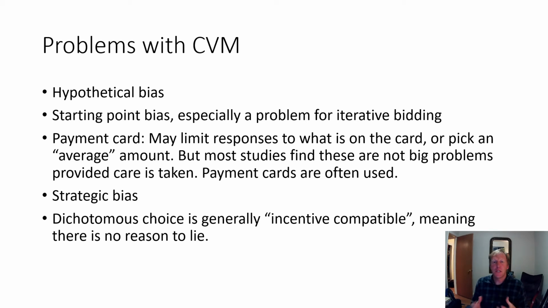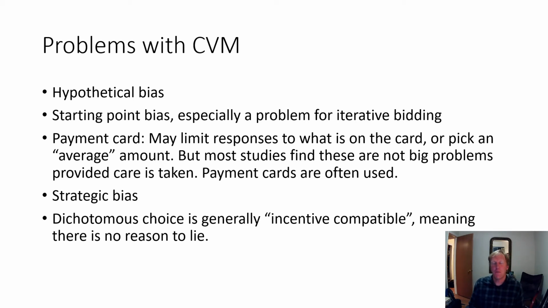Another one is called strategic bias. Let's say that I'm not willing to pay $50 for the trail, but I think maybe I would have to pay it, but I really, really want it, right? Or I know that if I say a really, really high number, I'm not going to have to pay it, but it does reflect some strong sense of value. If I know that high means it's more likely to happen, that the university is going to do this, I might respond strategically.